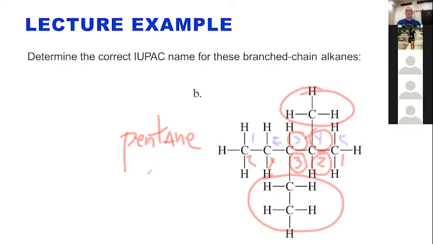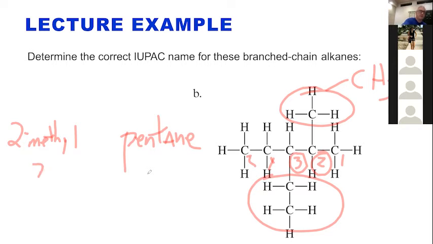Excellent job. So what's my substitution at 2? Methyl. That's a methyl group. CH3 is a methyl group. So I have 2 methyl. What's my next substitution? We know it's at 3. So 2 methyl, 3.